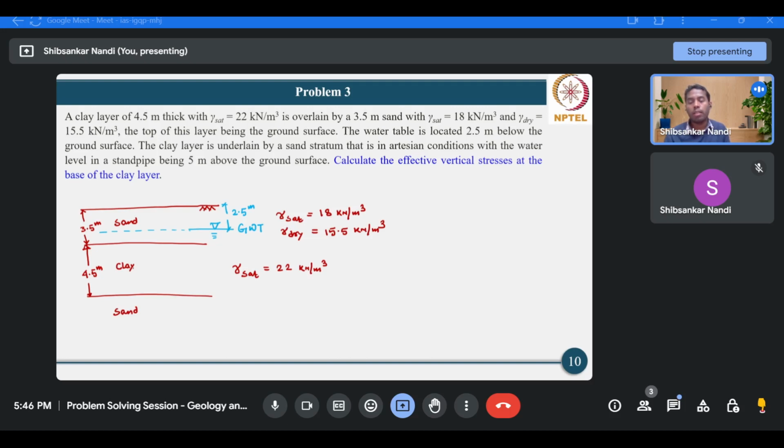And for clay, since it's under full saturation, we'll only use the saturated unit weight as 22 kilonewton per meter cube. Now we have to calculate the effective vertical stresses at the base of the clay layer.